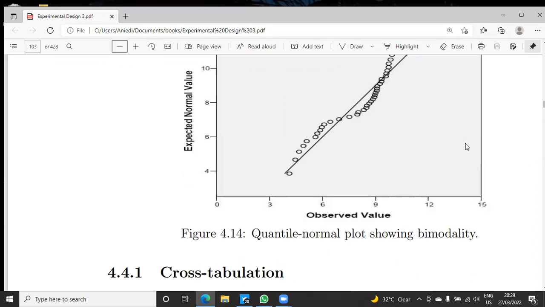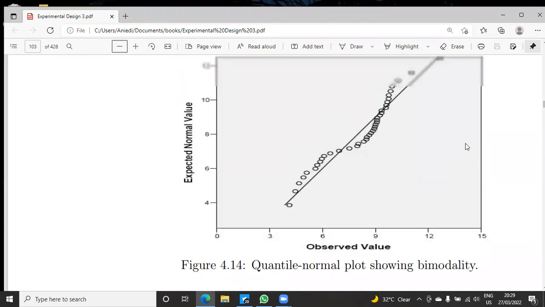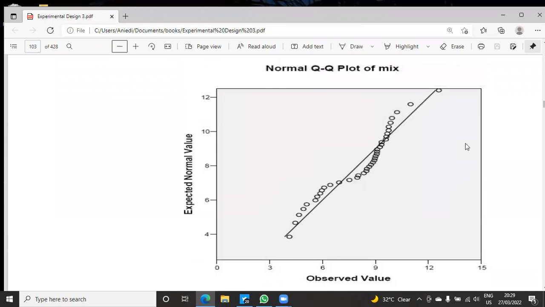So it shows that they are not from the same distribution, which means the observed values are from another distribution, while the expected normal value is from the normal distribution.